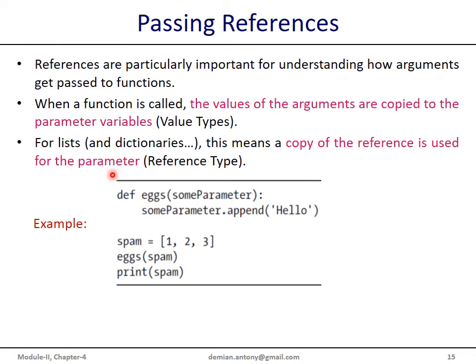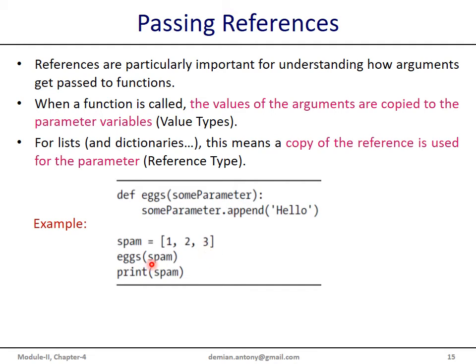Let us take up the illustration. Here we have a function x which takes a parameter in the function header, and we add one more element to the list which is pointed to by this formal parameter. In the main program, we create a list called spam with 3 elements.